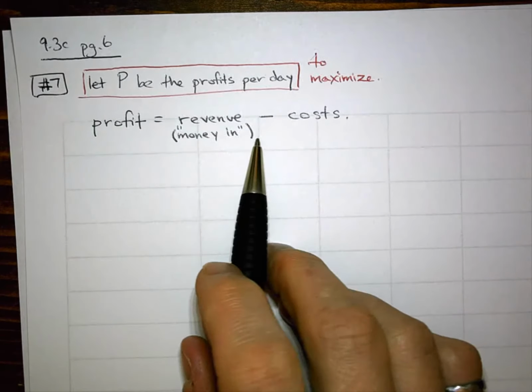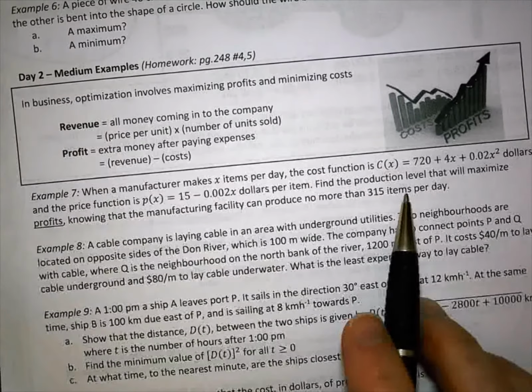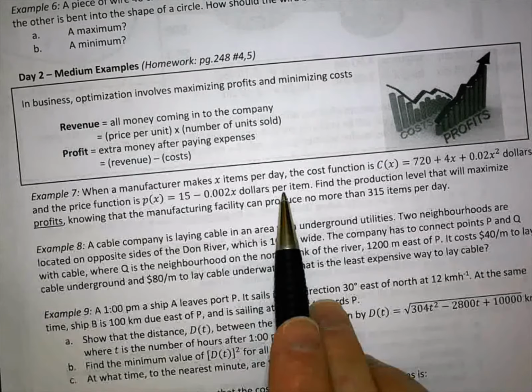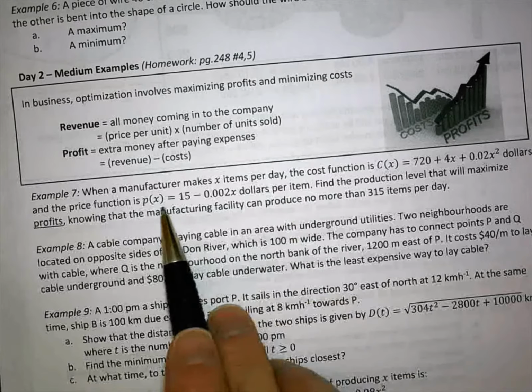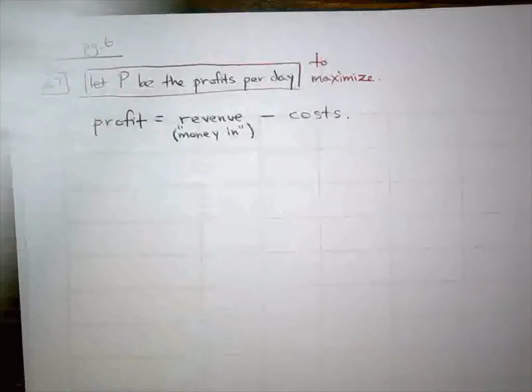Okay, well, the costs we have an actual function for. The money coming in is, well, this is the price per item. So it really depends on how many items I sell. So P is my price.